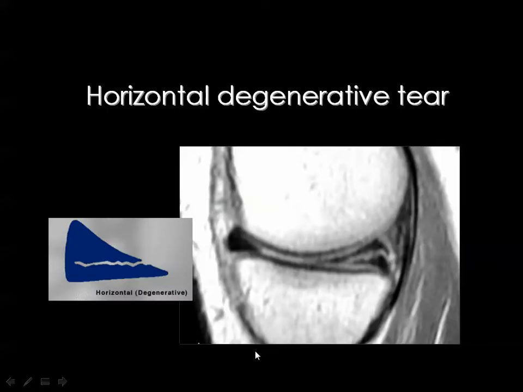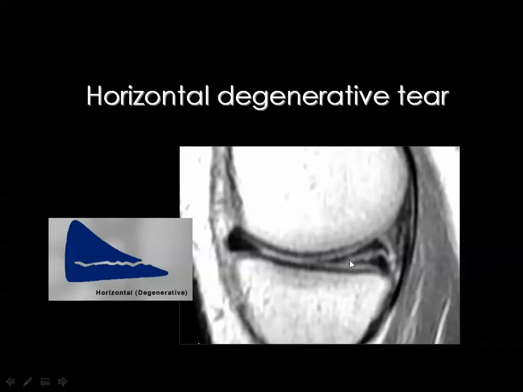The horizontal tear is originally a type 2 degeneration that has extended to affect one of the surfaces of the meniscus, like this one, and here you can see a horizontal line, and this line is extending to reach the inferior articular surface. If it disrupts the meniscocapsular attachment but the articular surface is intact, we call this degeneration.